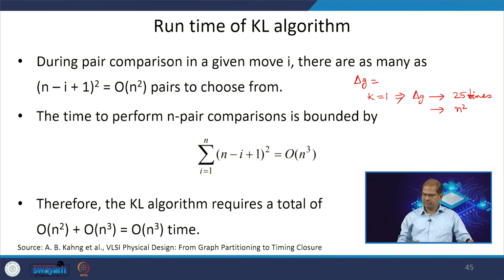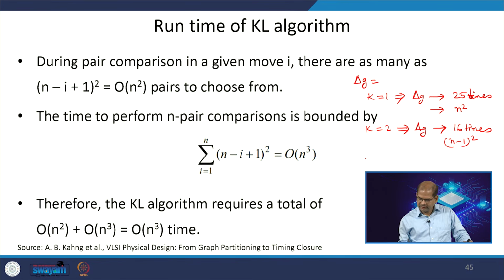Here, the number of nodes is 2n, and n is half of the nodes. When k equal to 2, delta g is evaluated 16 times, that is n minus 1 square, and so on.